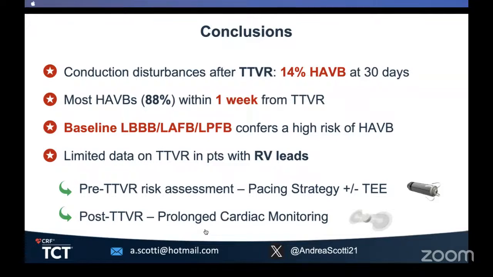If everything went well and we have no issues, we can discharge them as long as we have no changes on the EKG with the monitor, with the Zio patch, which is not available everywhere. I know in Europe this is not possible, so they might keep patients longer. But for us, having this device is very safe because we can rely on this live monitoring from the Zio patch.